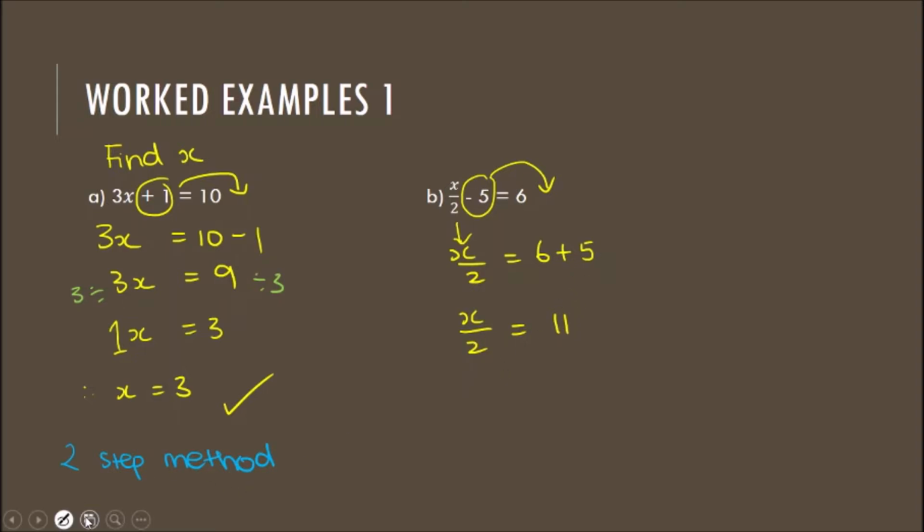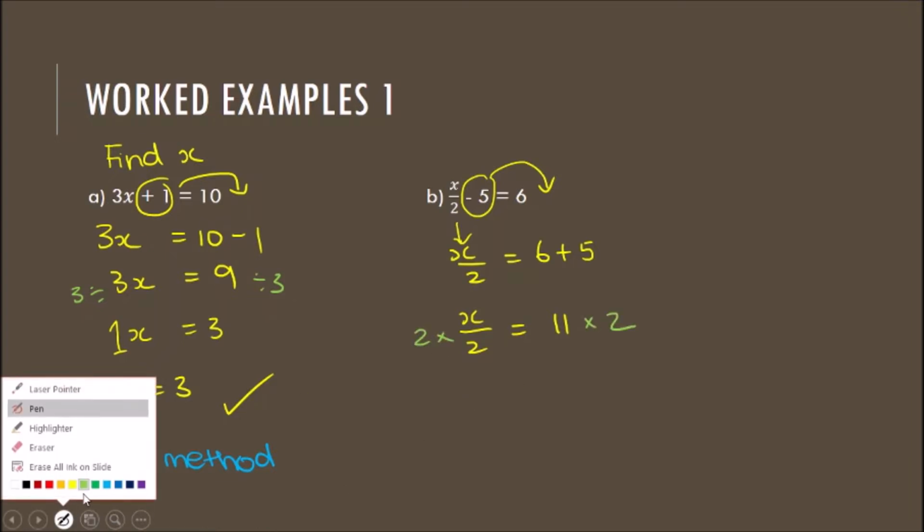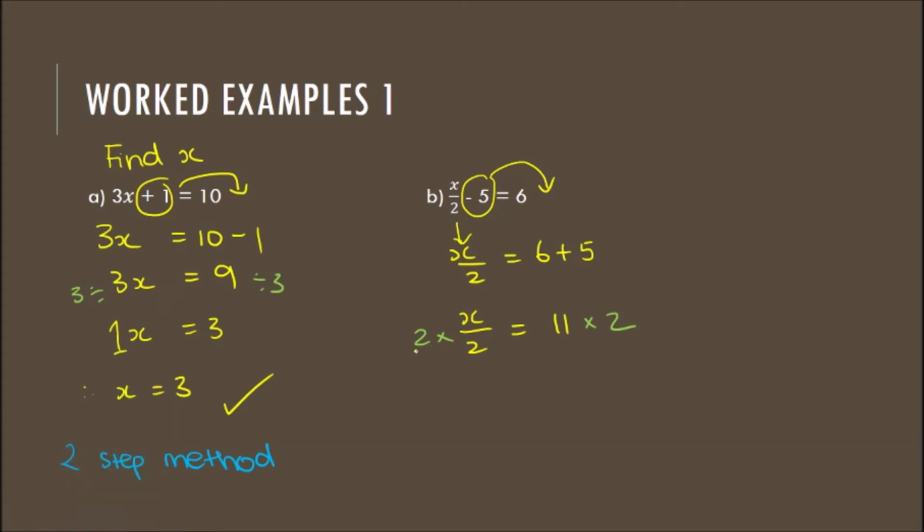Now, how do I get rid of the fraction? You need to multiply both sides by 2, like that. When you do that, you need to remember that as a fraction, whole numbers are written over 1. So 2 equals 2 over 1, 3 equals 3 over 1, 6 equals 6 over 1. No magic formula.